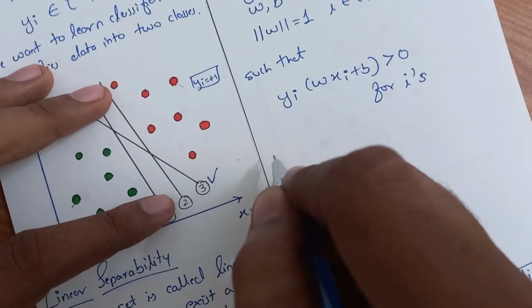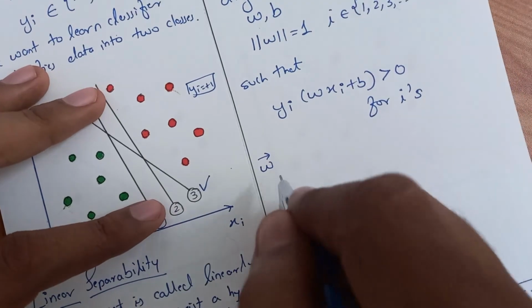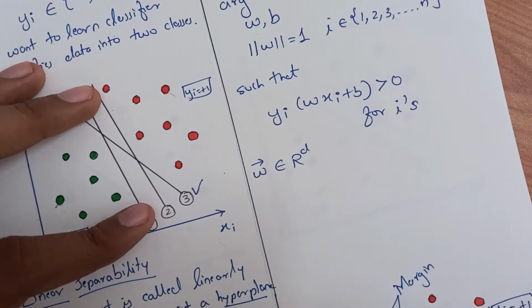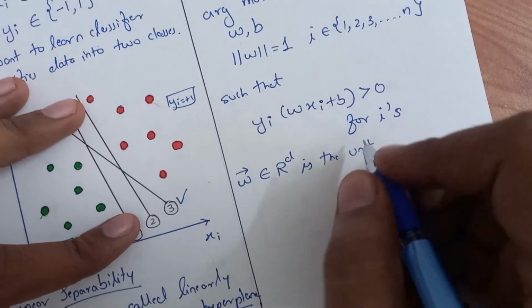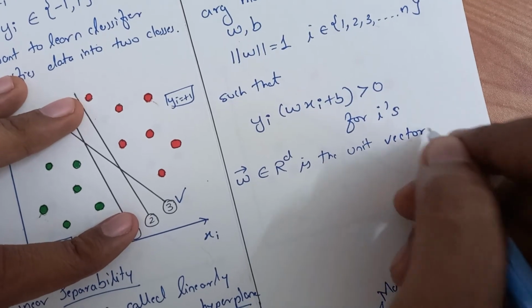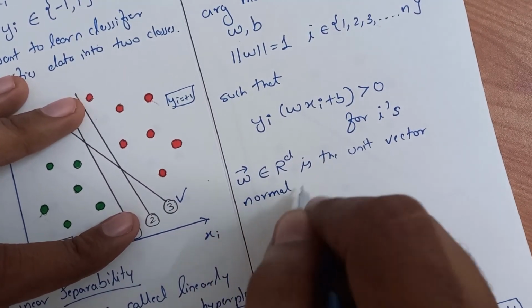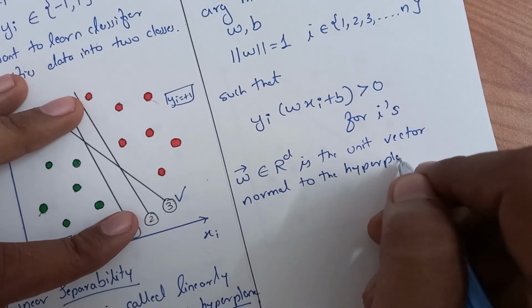I'll write it down here. W is a vector, a set of points, of course, belonging to the real numbers, containing the number of features, and it is a unit vector normal to the hyperplane, as I showed.